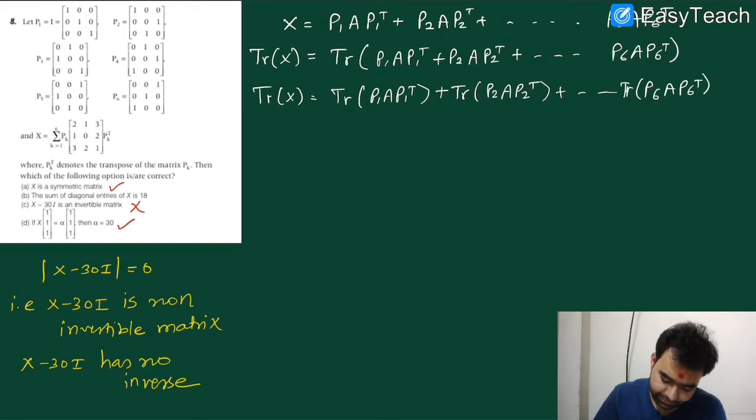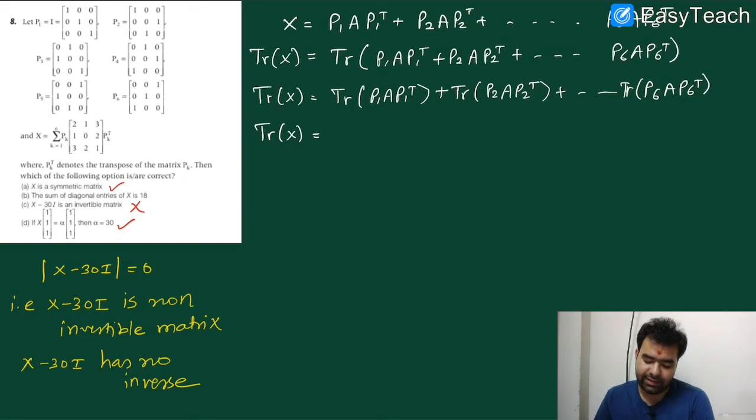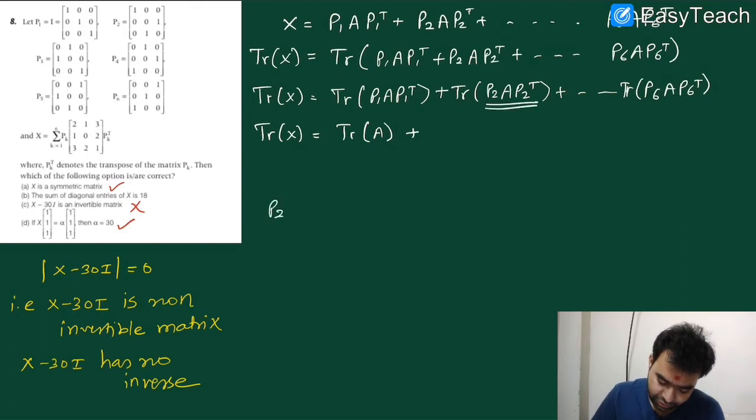Okay. Now here trace of X is same as, now since P1 is identity matrix, P1 into A is again A and A into P1 transpose is again A. So here trace of this is A only, plus now trace of P2A P2 transpose, let us calculate and see. So P2A P2 transpose. Now P2, what is P2? 100 001 and 010.